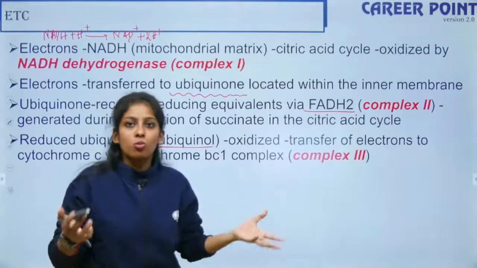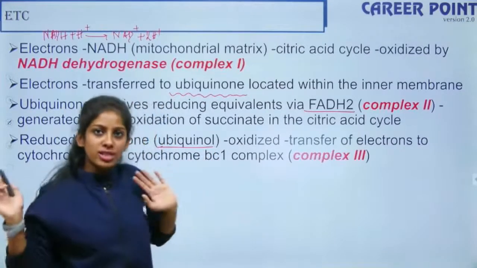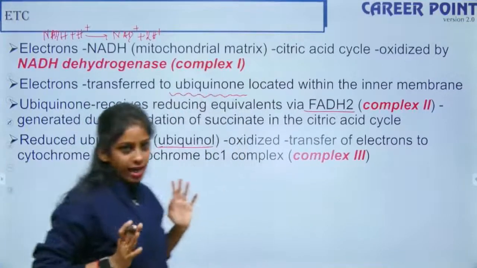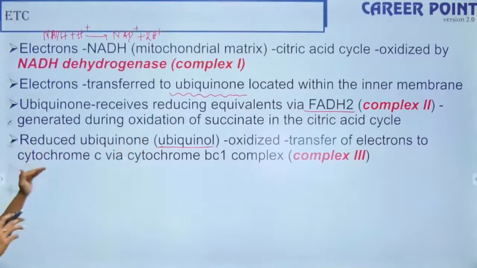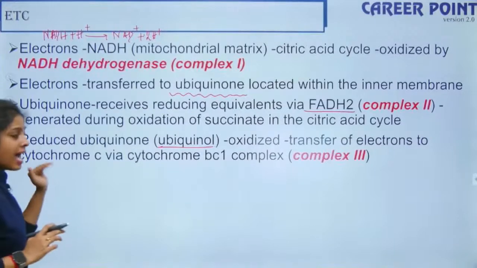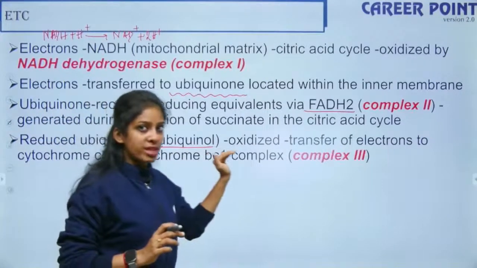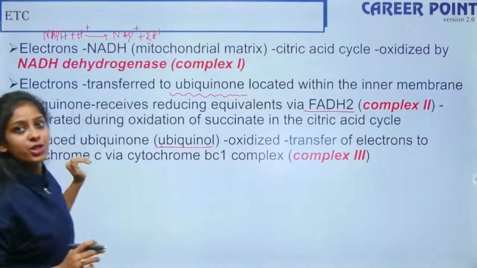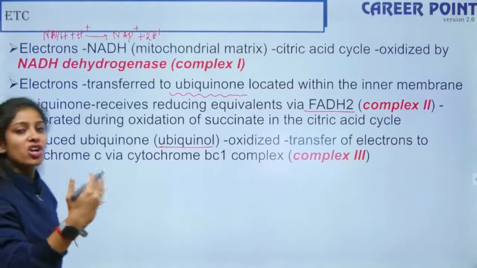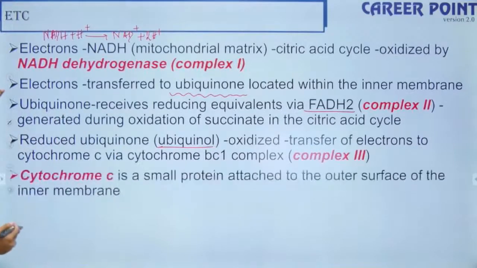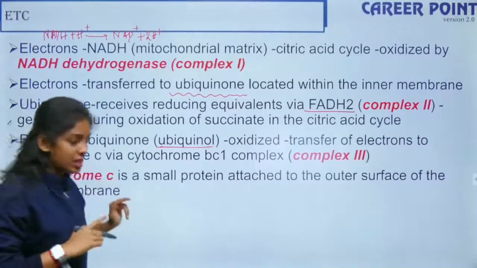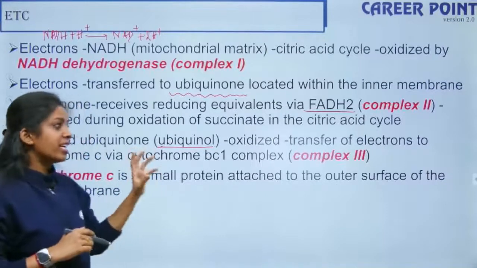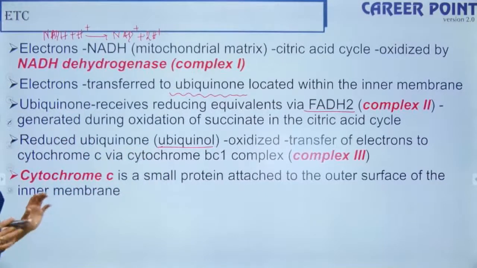When it has more electrons, all that it has to do is push them to the next carrier. The next carrier is cytochrome C, actually cytochrome bc1, and then to cytochrome oxidase. So the electron keeps on moving, right? Cytochrome C is a small protein attached to the outer surface of the inner membrane.